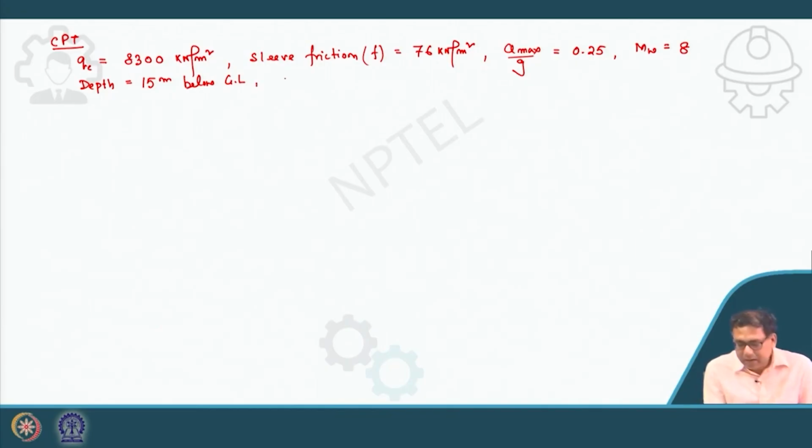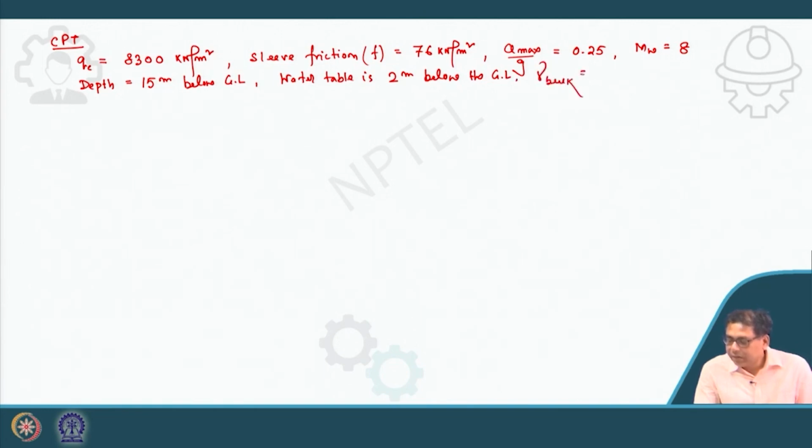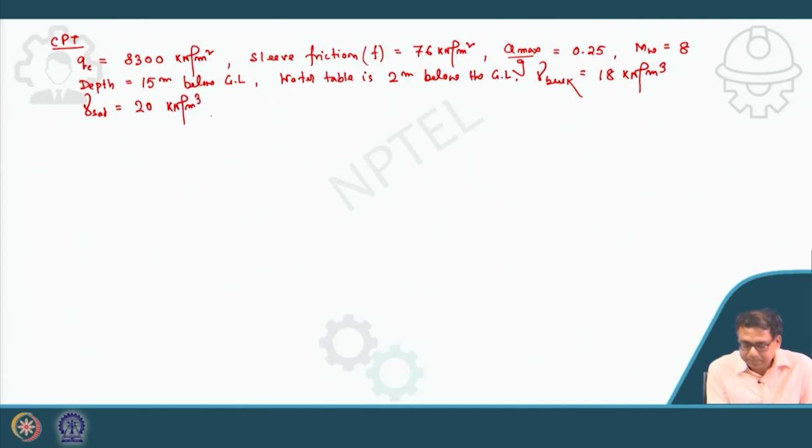Again the water table is 2 meter below the ground level, then gamma bulk is equal to 18 kilonewton per meter cube, gamma sat is equal to 20 kilonewton per meter cube, and gamma w equal to 10 kilonewton per meter cube.